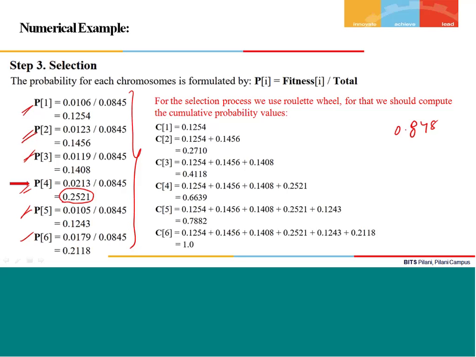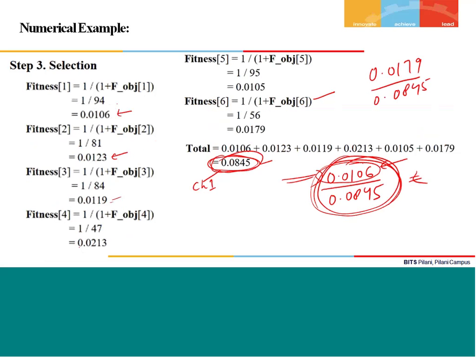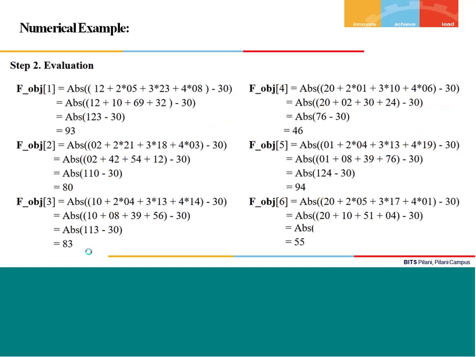It means my chromosome 4. What was my chromosome 4? It was giving me this value, the highest thing that I got. If you see here, my chromosome 4 is very near to the optimal solution among all these. My optimal solution lies near 0, right? So which number is nearest to 0 among all these numbers?